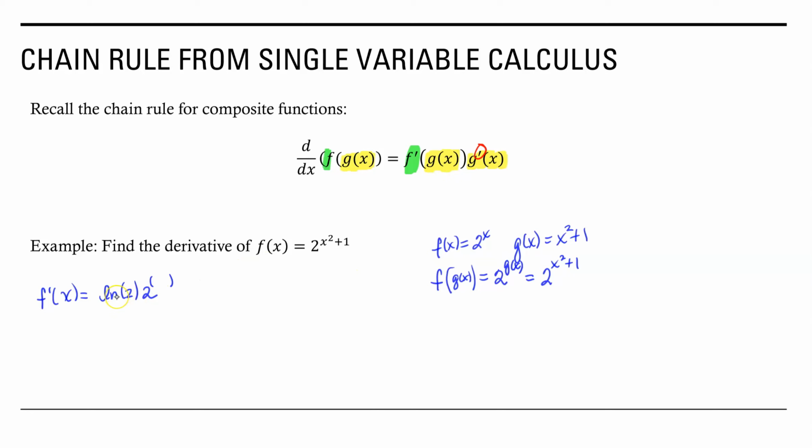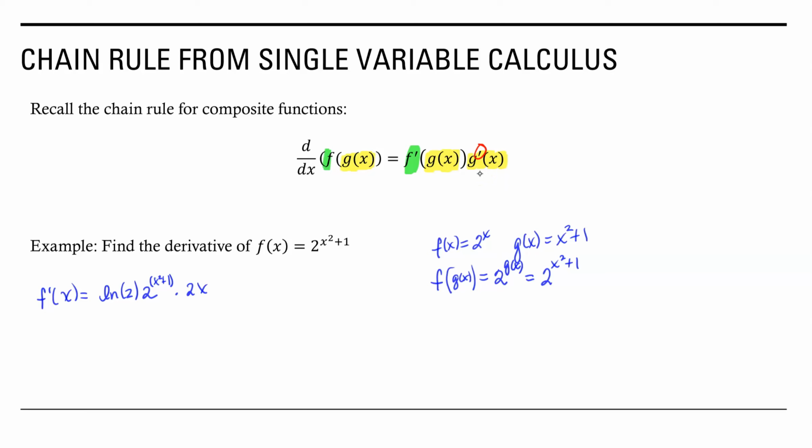So the natural log of 2 times 2 to whatever power we had, x squared plus 1. And then we multiply by the derivative of that power. In this case, the derivative is 2x. So our derivative will look something like this.